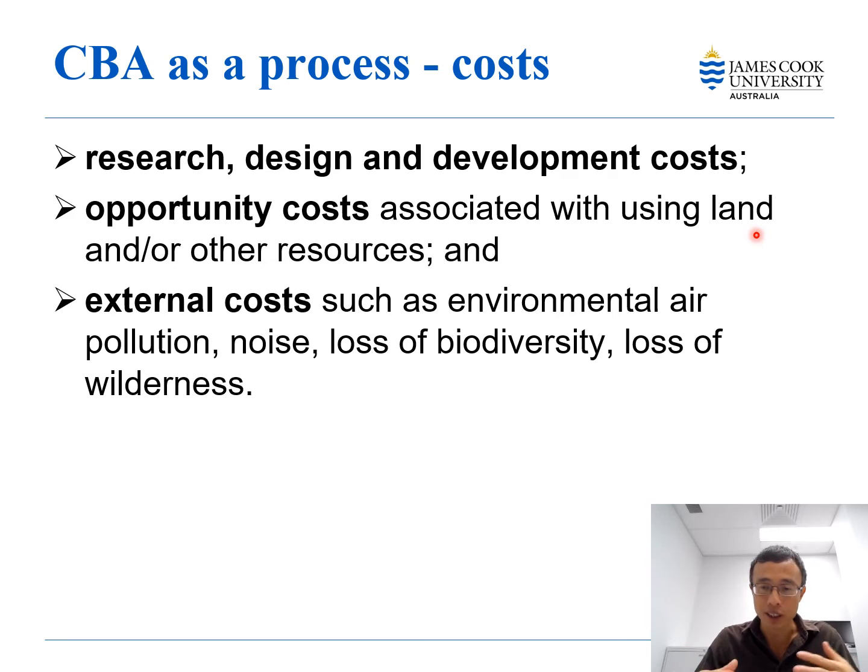Suppose you have a piece of land, your own land, you want to build a project on top of it, and you're committing your land resources to this project, and there's an opportunity cost associated with this land. Otherwise you can use this land for an alternative purpose, for example, to build a house on top of it, right? So there's a cost associated with this piece of land. That's opportunity cost.